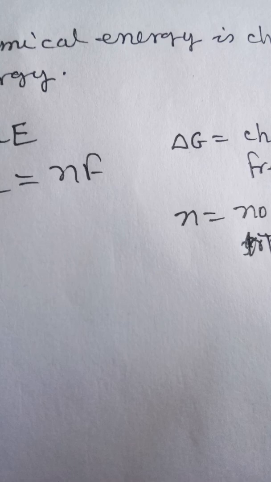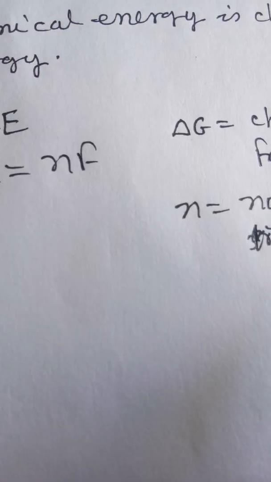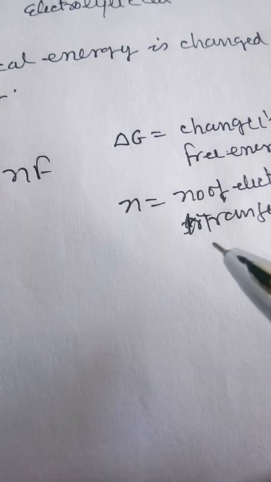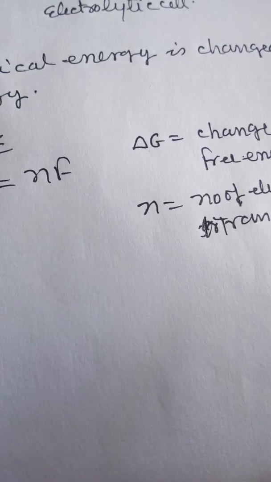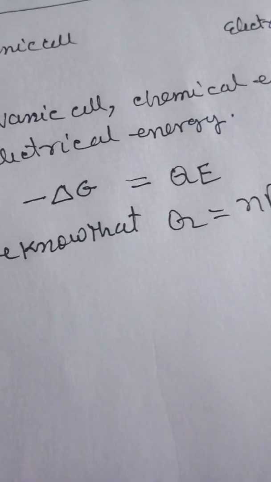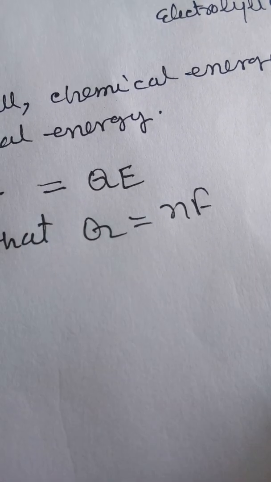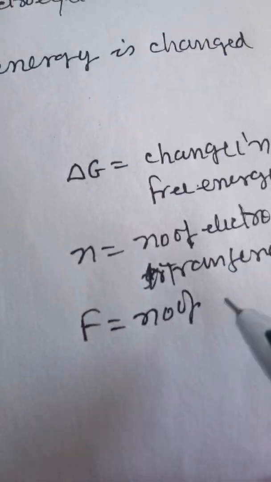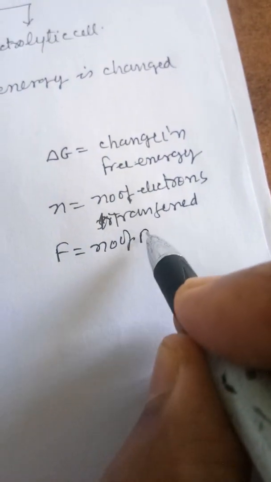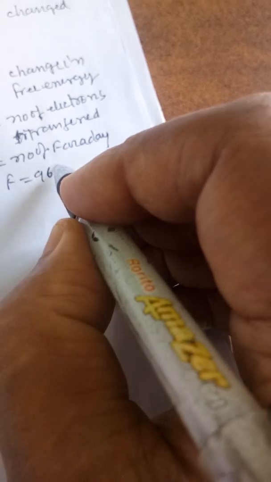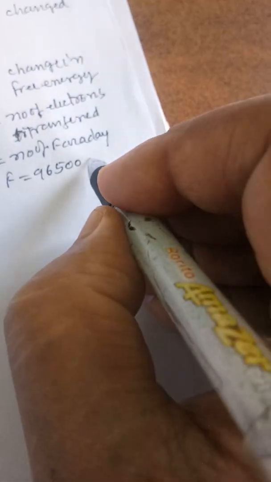Number of electrons transferred means some of the reactant species gain electrons and some of the reactant species transfer electrons. And F is the Faraday, the number of Faraday, and we know that F is equal to 96,500 coulomb.